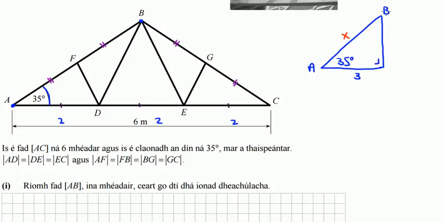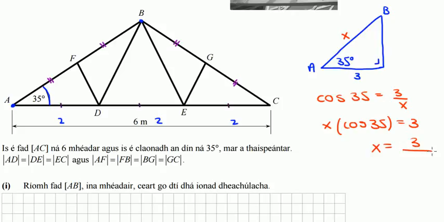I'm just going to let the length of AB be equal to x, and I'm going to be using the cosine of the angle to find x. So cosine of 35 is equal to 3 over x. X multiplied by the cosine of 35 is equal to 3. So therefore x is equal to 3 divided by cosine 35.